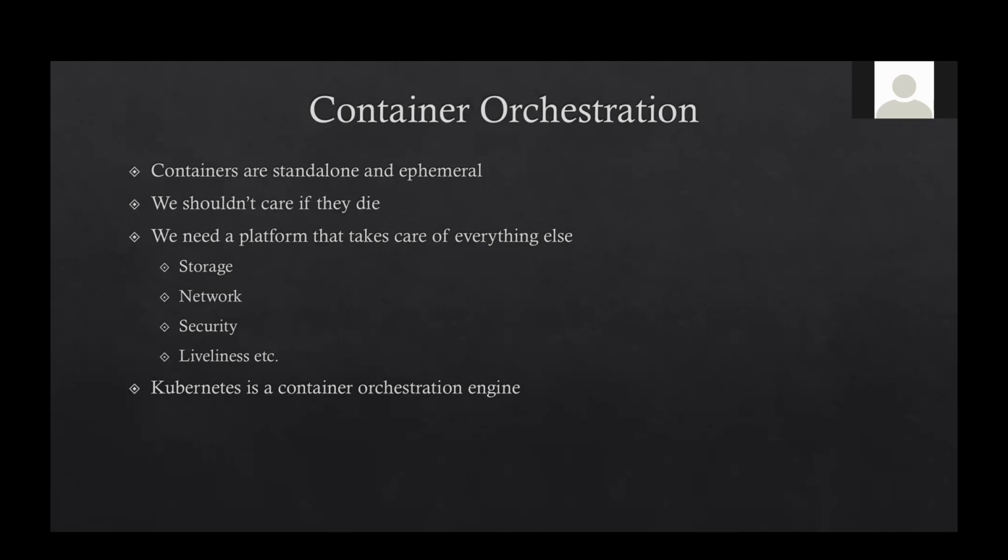Also, if a container dies and comes back, we want to make sure that the security is not compromised just because a container died and came back, or a new container was scheduled, or more or fewer containers were scheduled from the previous state. There's no impact on how secure our application is. We also need to ensure that if a container dies, our service is not impacted. So just because an auth container is dead does not mean auth service is dead. Two different things, right? So we need to make sure of that.